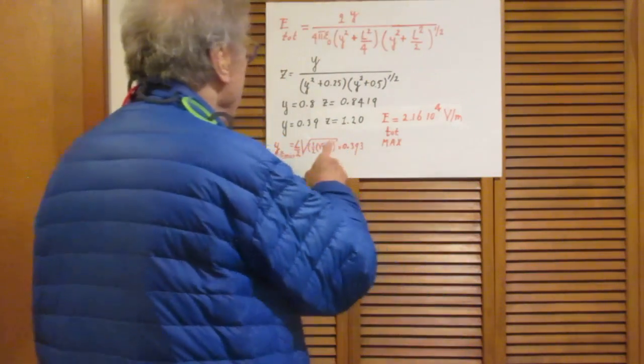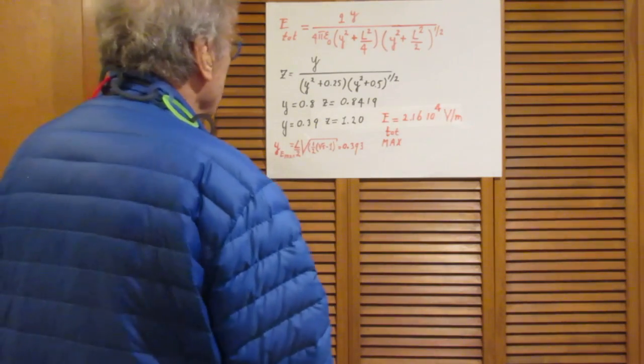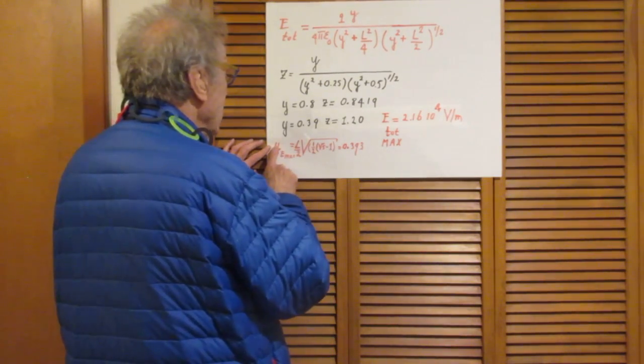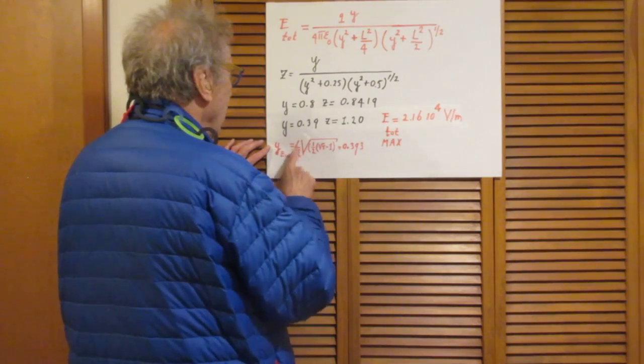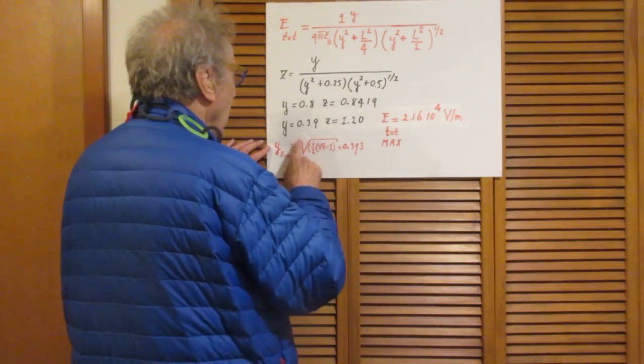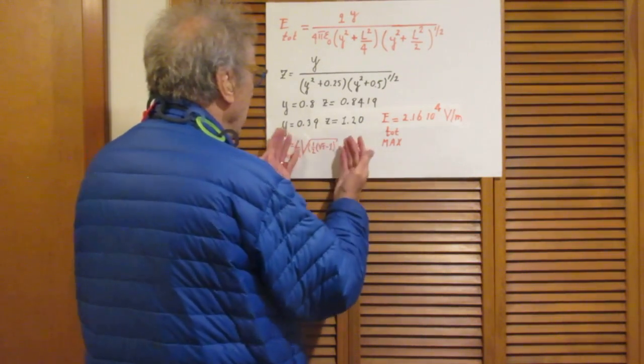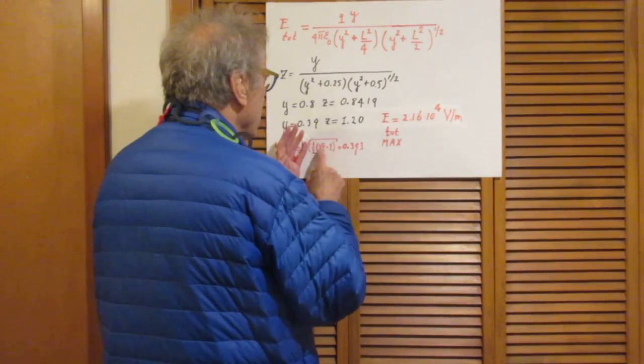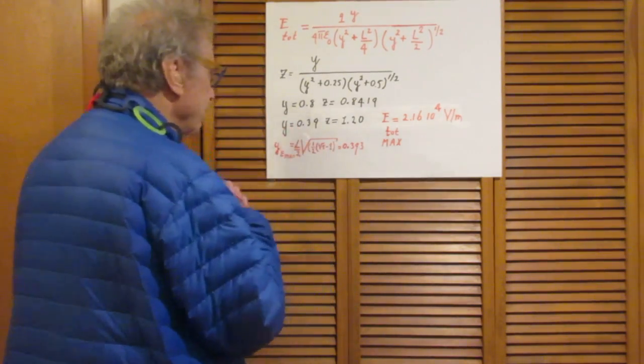And so the exact solution then is that E is maximum when y is L over 2, L was 1 meter, remember, times the square root, and under the square root is 1/2 times the square root of 5 minus 1.